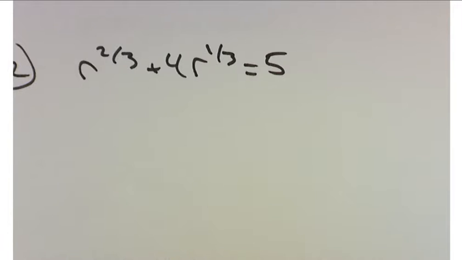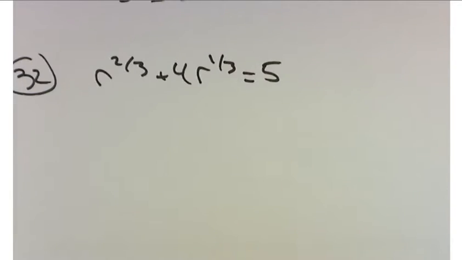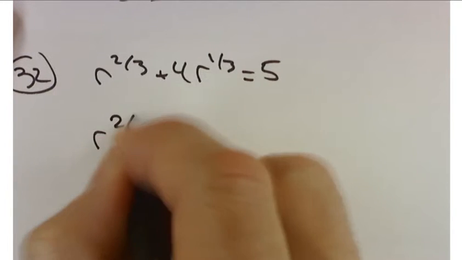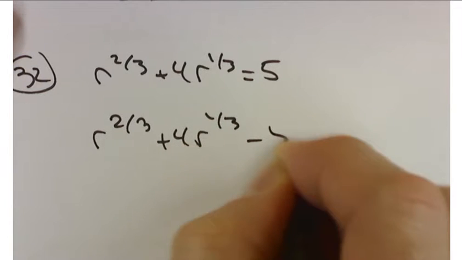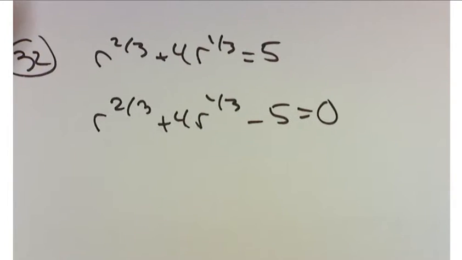So kind of like most of our work with quadratic equations, you're going to get 0 on one side. I'll move the 5 to the left-hand side. And now you look at that, and boy, those 1/3 and 2/3 exponents look really, really ugly. Really intimidating. Is there a way we can work around that?